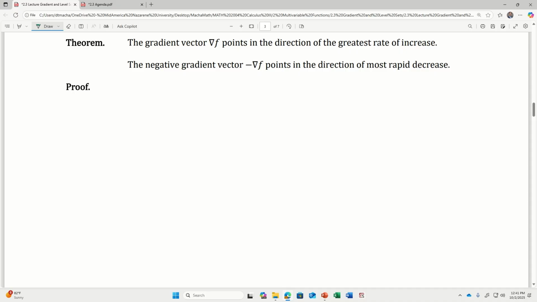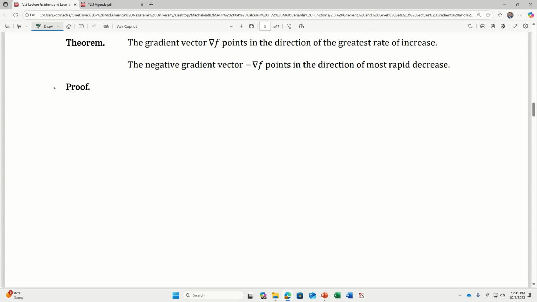And all you'd have to do is find the gradient, but it's just a tricky way of describing what the gradient is. The gradient is the direction that your function is increasing the fastest. And that means the negative gradient vector is going to point in the direction of most rapid decrease. So it's the least rate of increase, or it's the most negative rate of increase, if you want to think about that. And so let's talk about what a proof would look like for this statement.